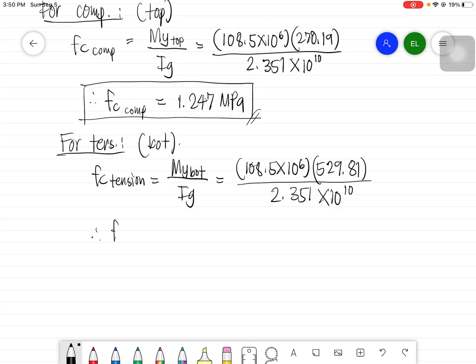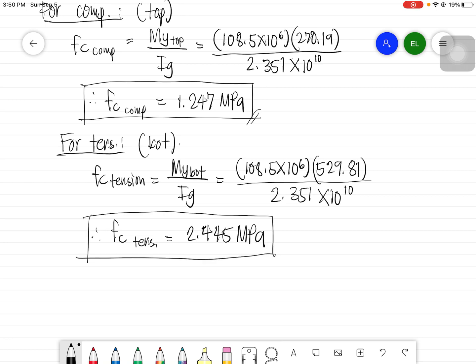Therefore fc at the tension side is equal to 2.445 MPa. Okay, so this is the result for letter A, the stresses at the extreme fibers of the beam. I hope this is clear already.